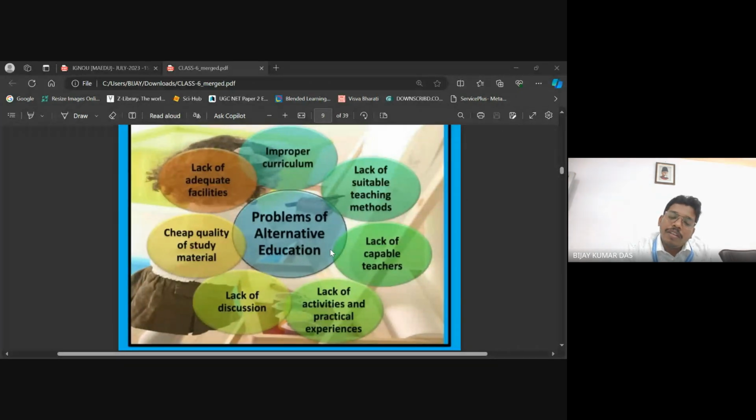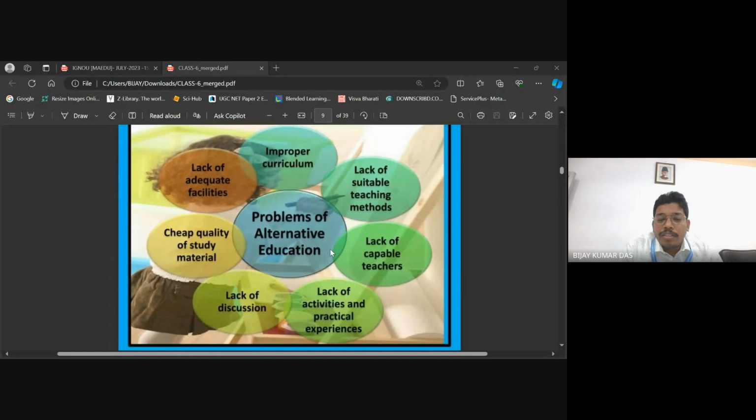Another problem pointed out is lack of facilities, suitable teaching and learning materials, and suitable methods. How well will the learners be involved and participate in the teaching learning scenario?